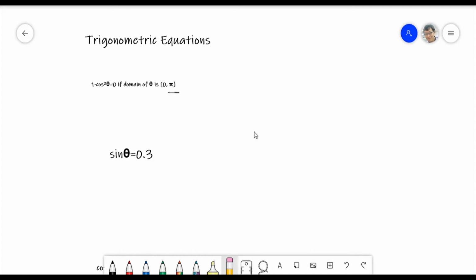But remember, based on this example, for a trigonometric equation we are supposed to be provided a domain for the answer we want to find. Why?